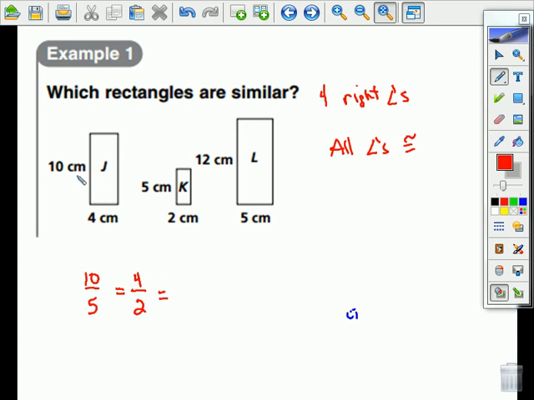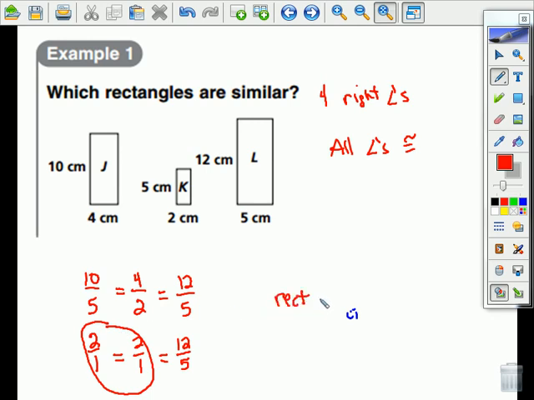And in the others, 10 corresponds to the 12, so I would put the 12 up here, and the 4 corresponds to the 5 again. And so I can simplify these. This one simplifies to 2 over 1, 2 over 1. This one doesn't simplify to 2 over 1. It's just 12/5. So these two are proportional. So that means rectangle J is similar to rectangle K, and that's it.